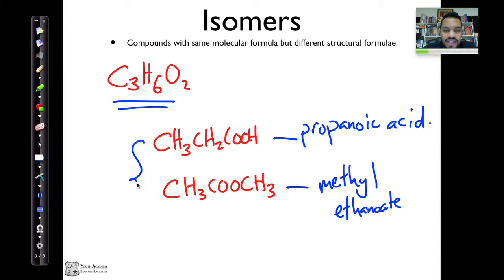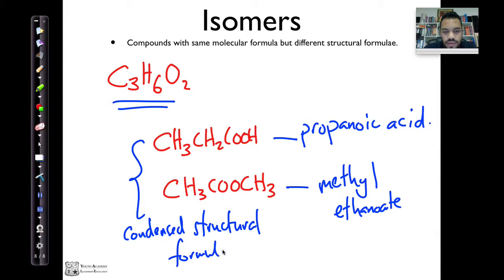So clearly, these are condensed structural formulae, right? I'm just going to write that down. Those are condensed structural formulae. But from those condensed structural formulae, we can clearly see that there's a key difference in their structures, but their molecular formula is the same.